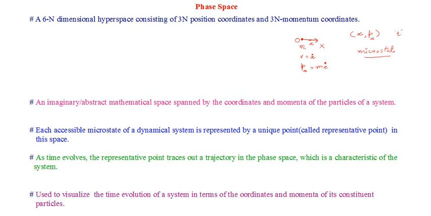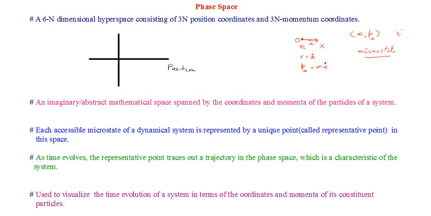See, let this be one axis, and let this be another axis. So what is this graph denoting? The position of the particle is denoted along the horizontal axis, and along the vertical axis let me denote the momentum.